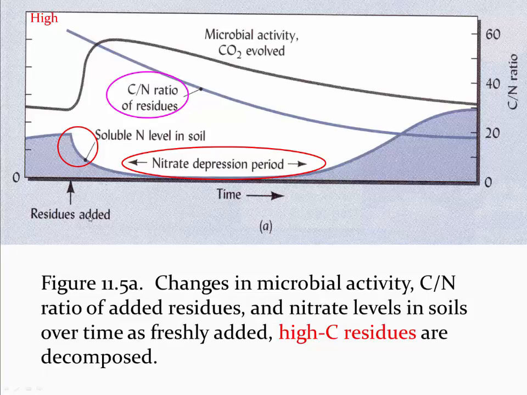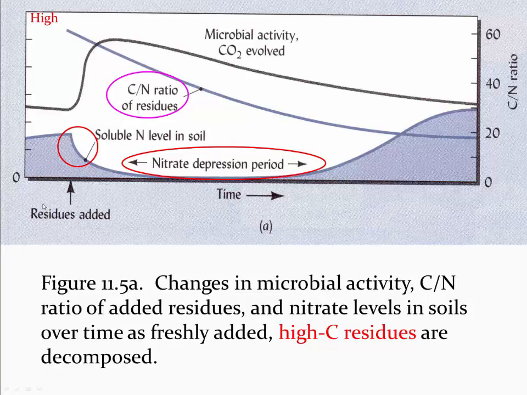The nitrate also builds later in the season, but in the early part of the season when residue is just added, we get a depression in nitrate levels, and that again is because of the need for nitrogen to balance out the high carbon amount in the freshly added residue.